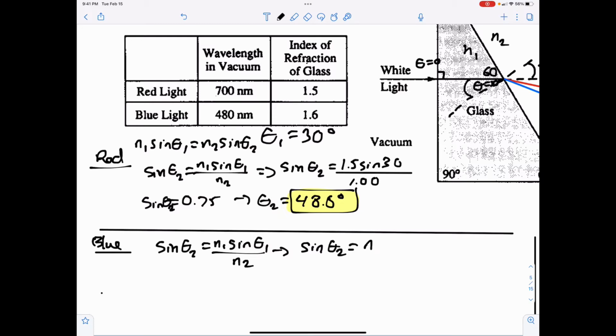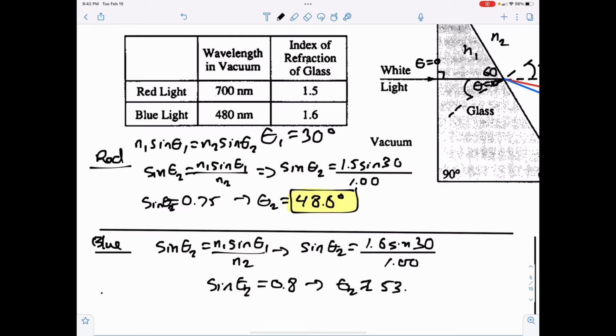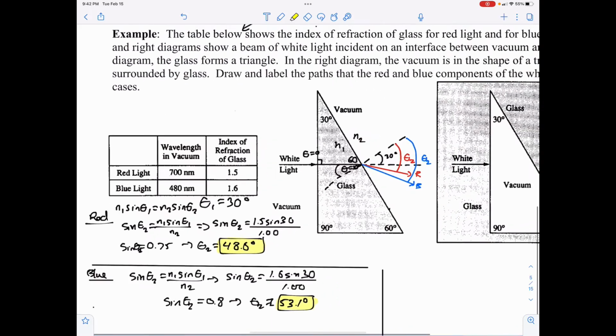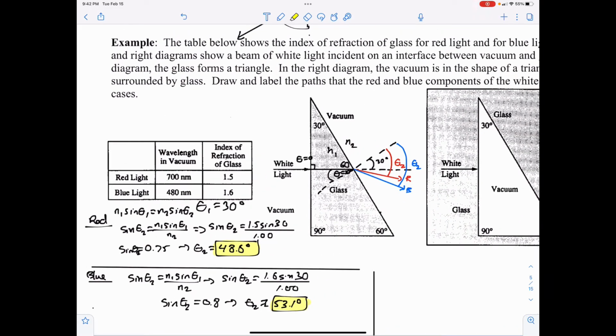So 1.6 times the sine of 30 over 1. And 1.6 sine of 30 is 0.8. So the sine of theta 2 is equal to 0.8, which means theta 2 is approximately 53.1 degrees. So you can see that blue light is just going to bend more when it exits the glass than red light will.